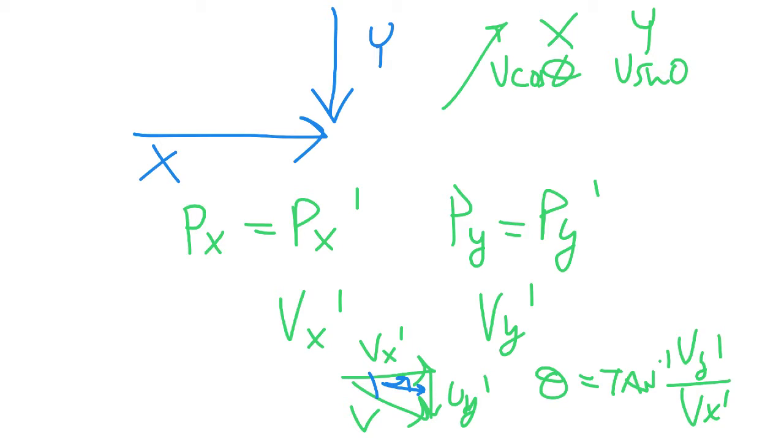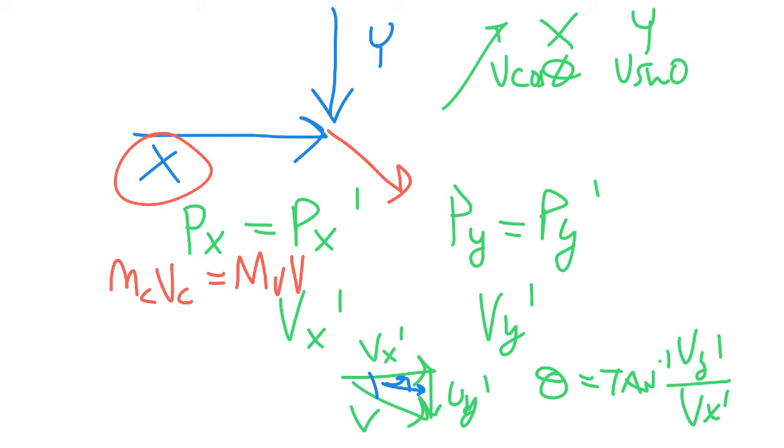For this problem, momentum in the X would just be from the car. So we would say that we had mass car, velocity car equals, but then they would move off together afterwards. So we would have mass van, velocity van after plus mass car, velocity car after.